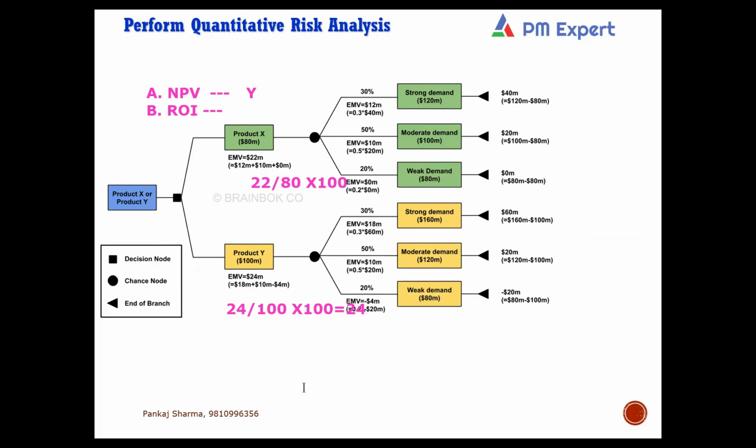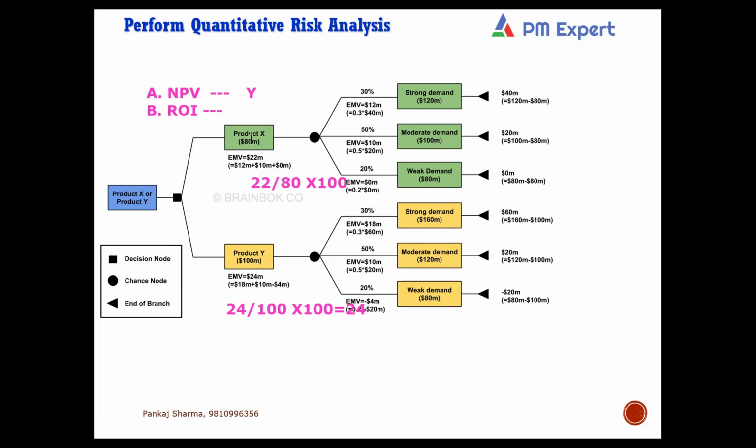When I say EMV, expected monetary value can be based on NPV, and can be based on ROI also. When I go with NPV, it is only profits. So profitability of Y is higher. But when I say ROI, it means profitability divided by money spent.